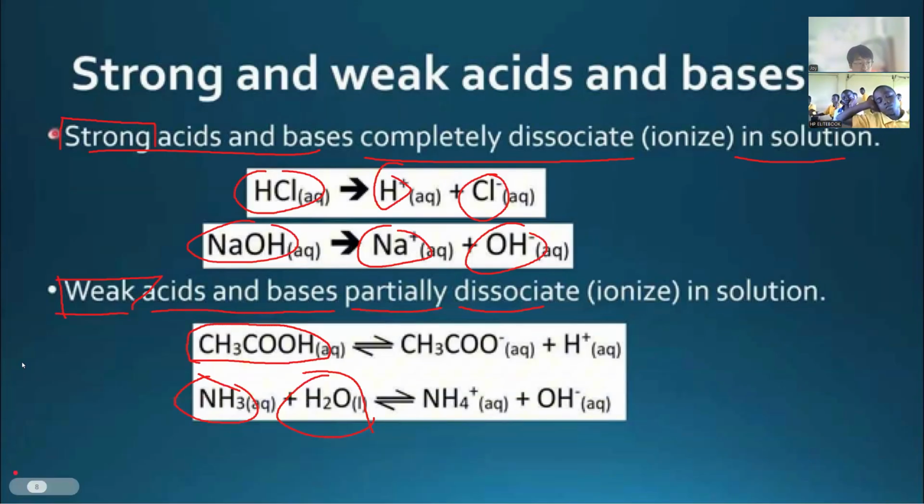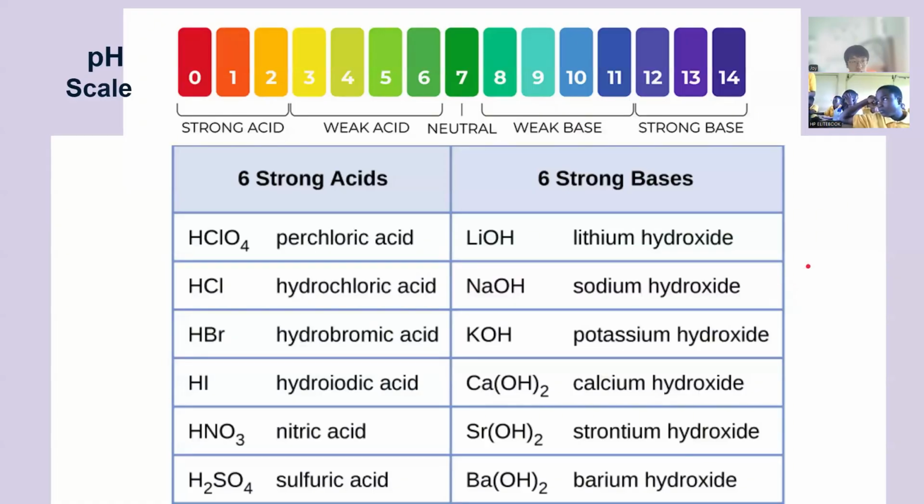But let's look at this right here. So this is where the strong acids, weak acids, weak bases and strong bases are put in terms of pH. So the pH scale basically shows us how much concentration of H plus there is.